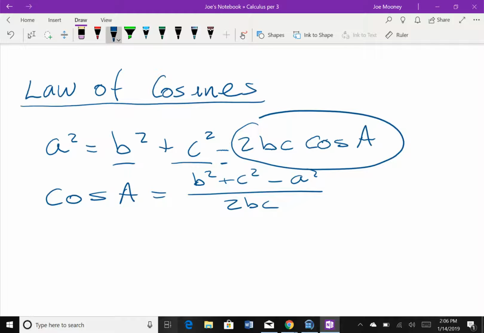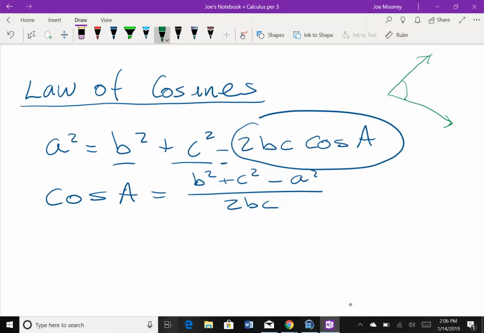And why did I say included angle? Because remember I said side, angle, side. It's your angle sandwich situation that we talk about. You recognize that because you'll end up with 3 letters, and I'll show you in the problem. But if you're in doubt, you should draw it out.